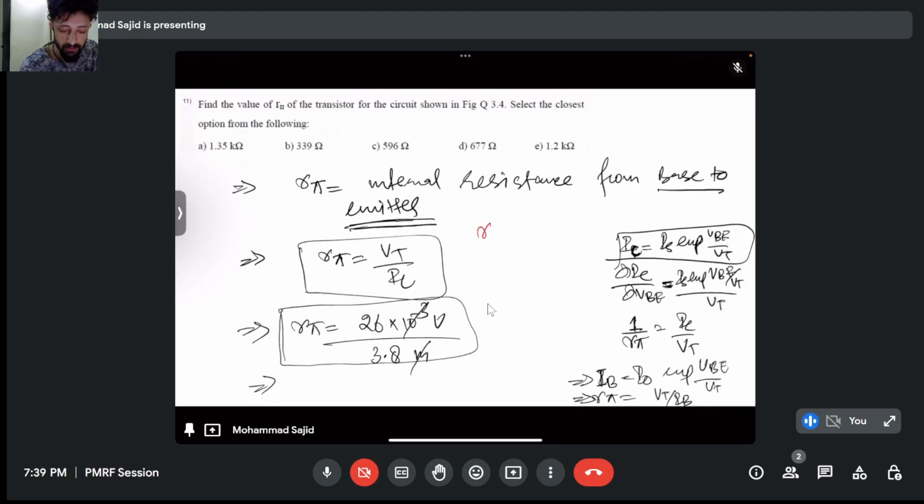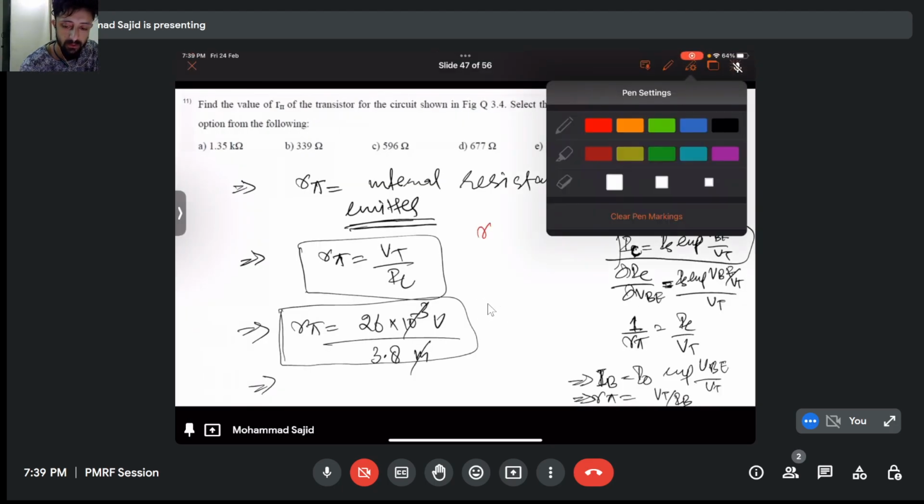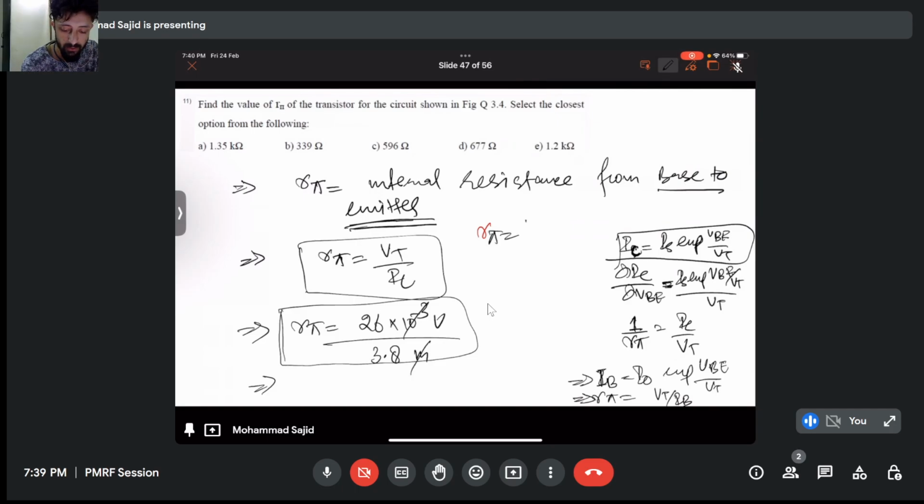R pi is equal to beta by GM. And GM, you know, is VT by IC. Right? So you can write R pi is equal to VT by IC.